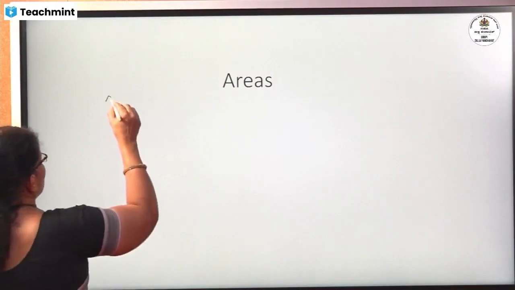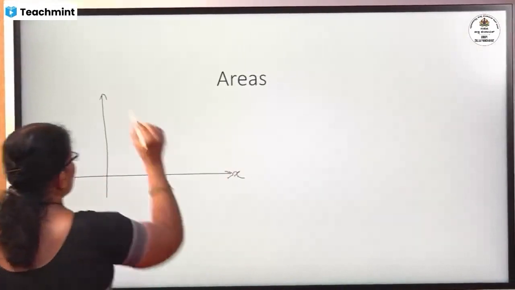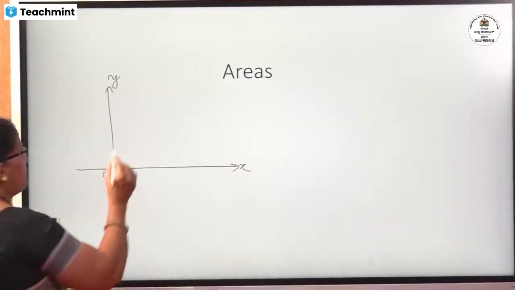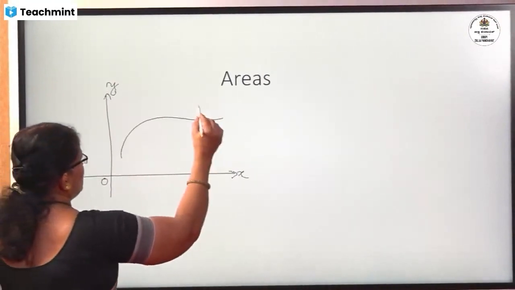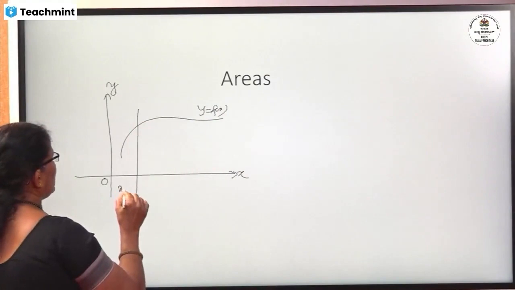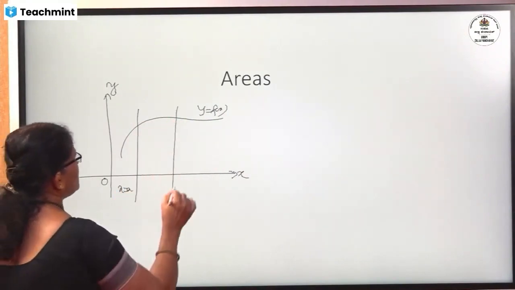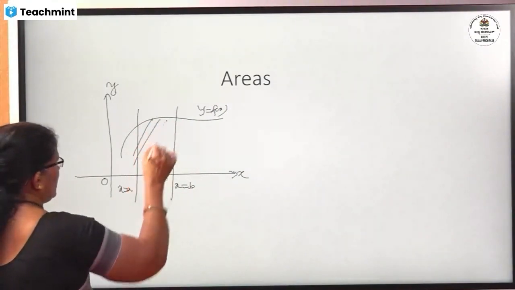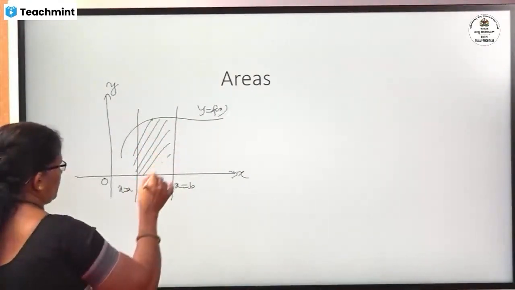So consider, suppose say this is the x-axis, this is the y-axis, this is the origin, and you have a curve y is equal to f of x. Suppose say this is the line x is equal to a and this is the line x is equal to b. You are interested in finding how much is this area.